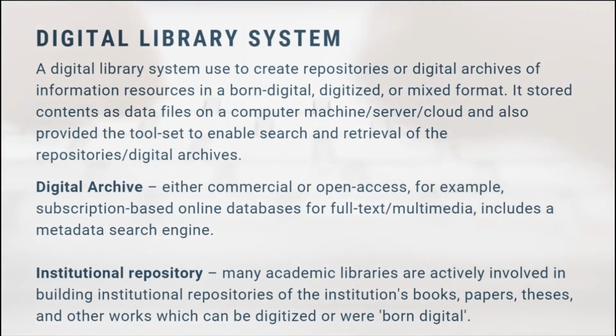The digital archive may be commercial or open access, for example subscription-based online databases for full-text multimedia, including a meta search engine. Institutional repositories: many academic libraries are actively involved in building institutional repositories of their institution's books, papers, theses, and other work which can be digitized or born digital.